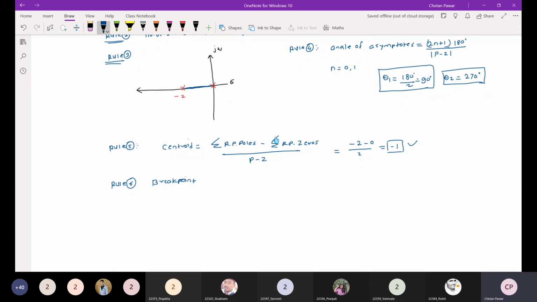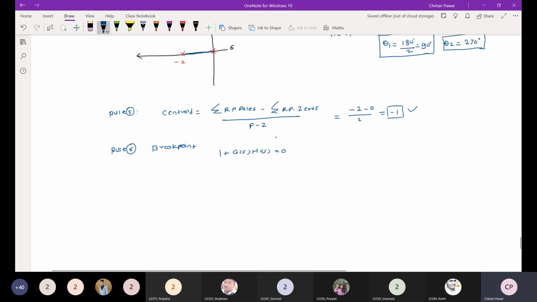So how to find out a breakpoint? First, form the characteristic equation in terms of k. So what is that? 1 plus k into s plus 2 is equal to 0. So k upon s into s plus 2 is equal to minus 1.